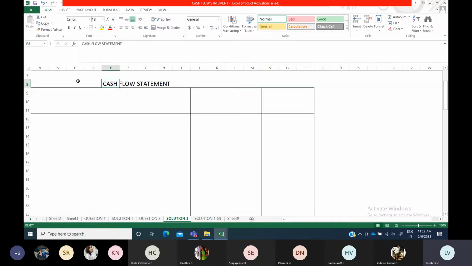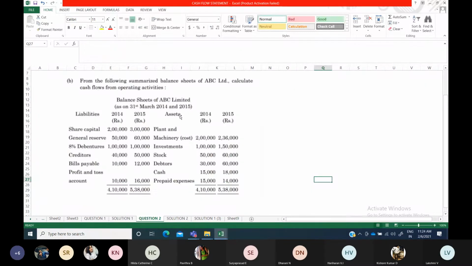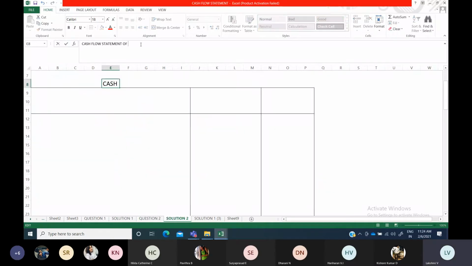Mention the heading of ABC Limited. So one column will be your particulars column, and then your amount column, and the next column will be your other column amount.